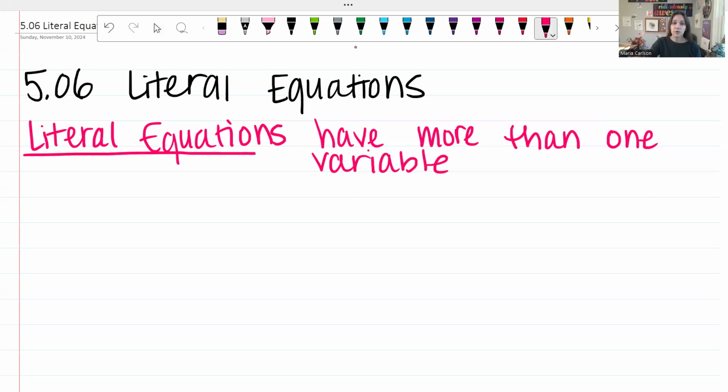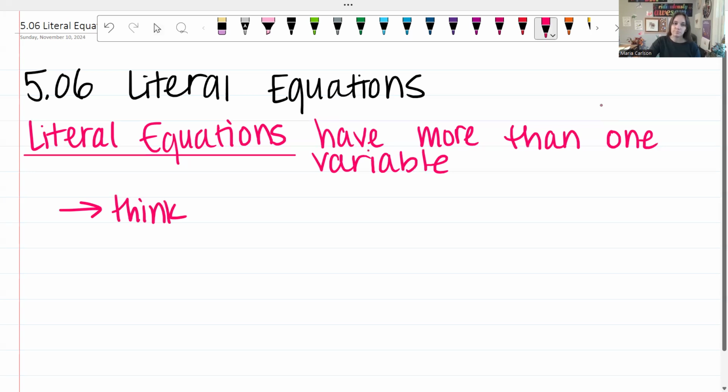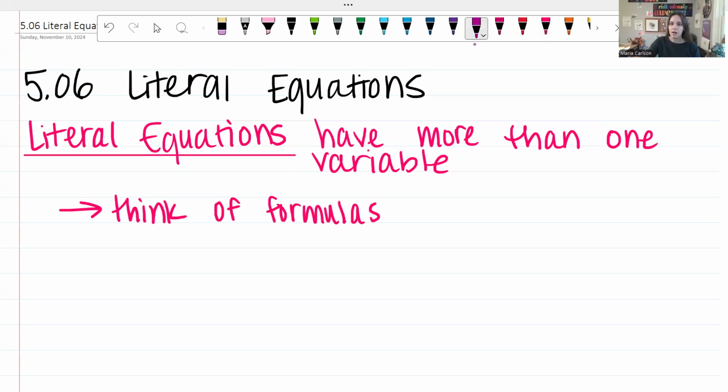And we see literal equations a lot, actually. Think of the formulas that you might encounter. For example, area equals length times width, or 1/2 base times height for a triangle.